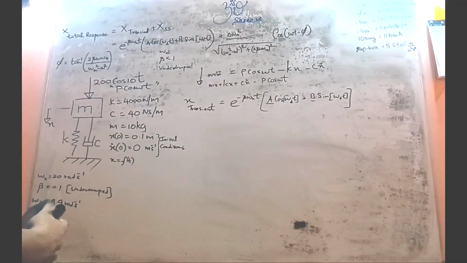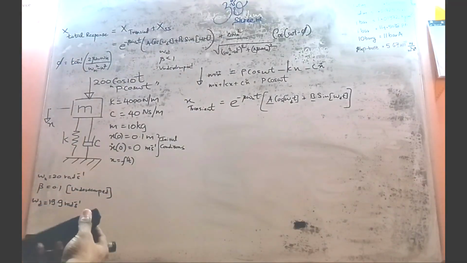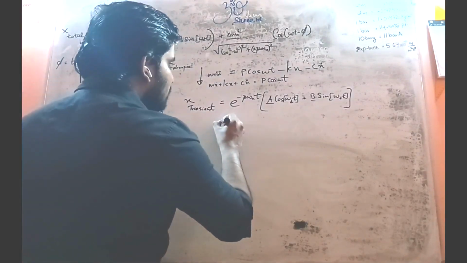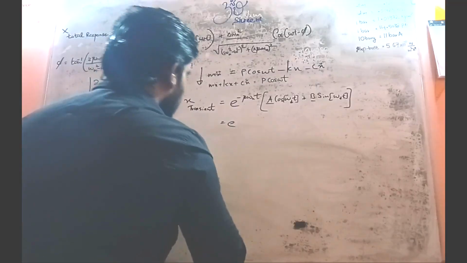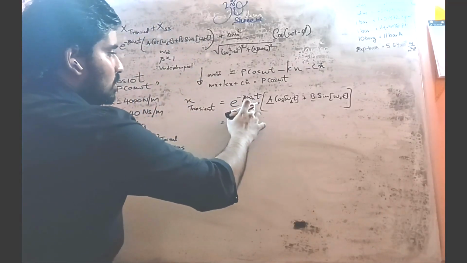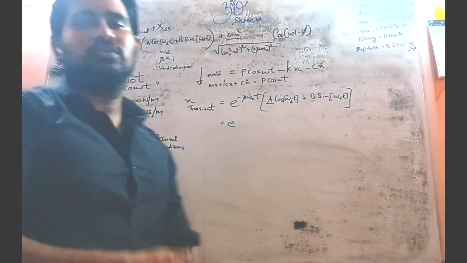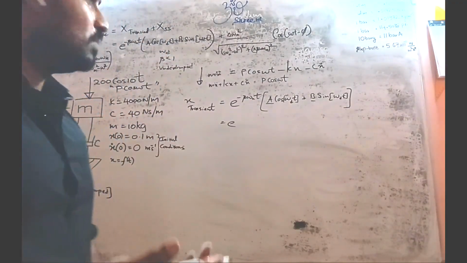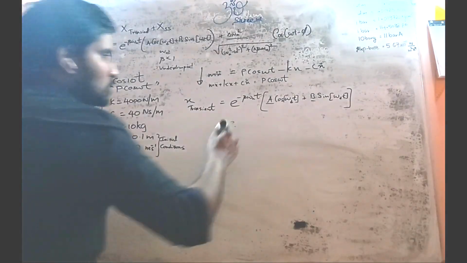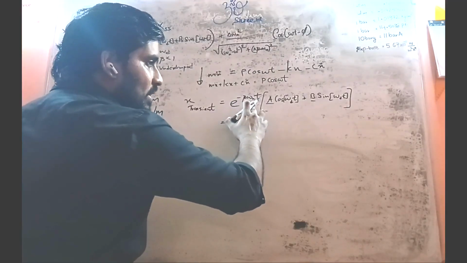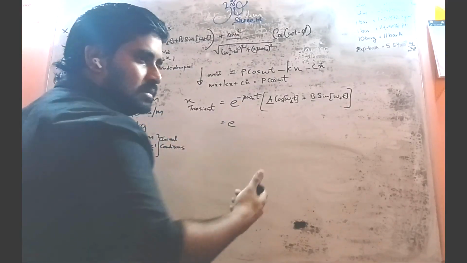Now what can we do? We can further simplify this: it equals e to the power minus beta times omega n. What is omega n? We know that is 20. What is beta? 0.1. So 0.1 into 20, how much? That will be 2. So minus here, beta is 0.1 and omega n is 20, and t is the variable.